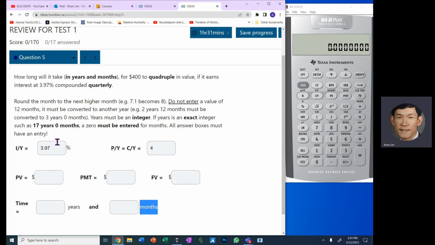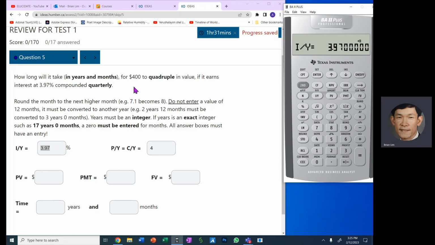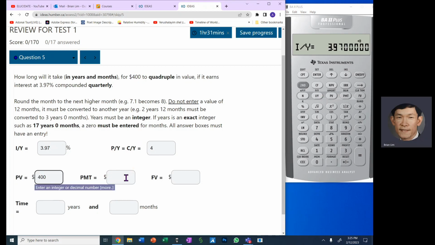Now the interest rate is 3.97, so we enter 3.97 for the interest rate. What else? Next is the present value, and that is $400 right there, so let us copy and paste it in here. The payment is 0.